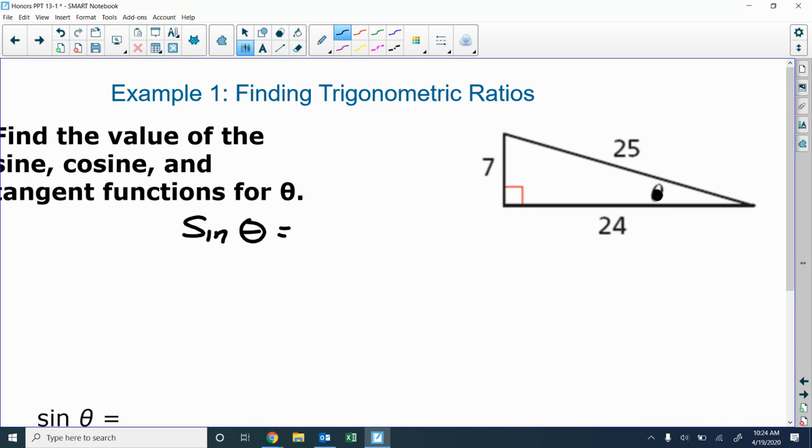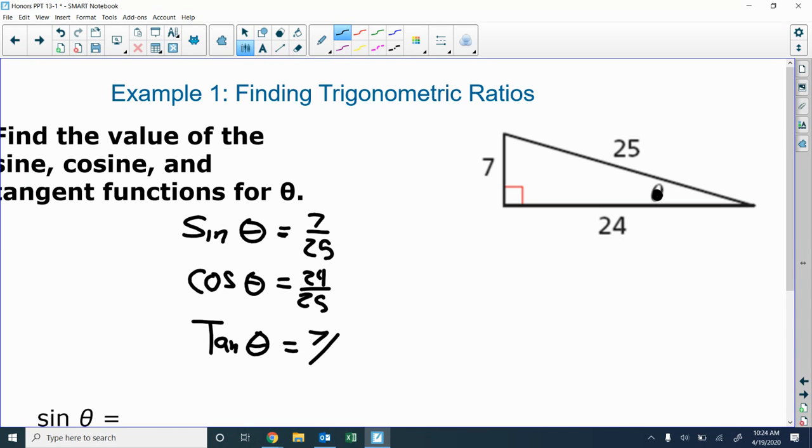This would be the opposite over my hypotenuse of 25. The cosine of my theta is adjacent, which would be 24 over 25. My tangent is going to be opposite over adjacent, 7 over 24.